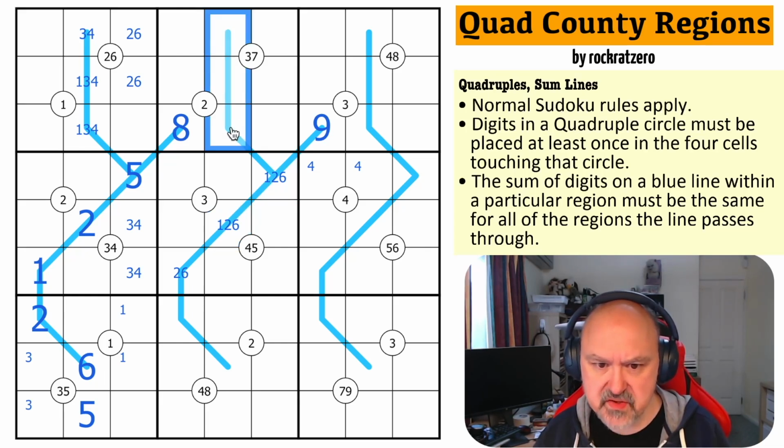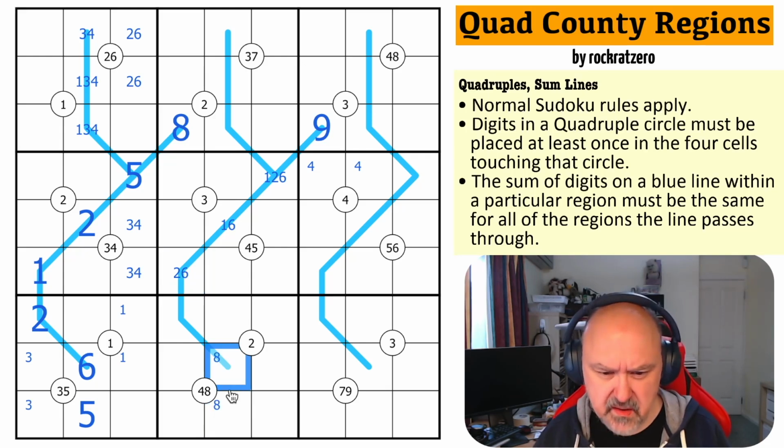This can't be 1, 2, 6. This is not a 2. This is 1, 2, 6. 8 is down here, by the way. This could be 8, 1, possibly.